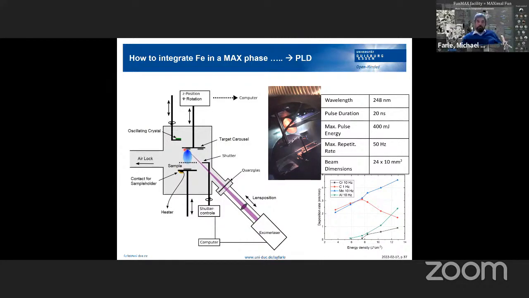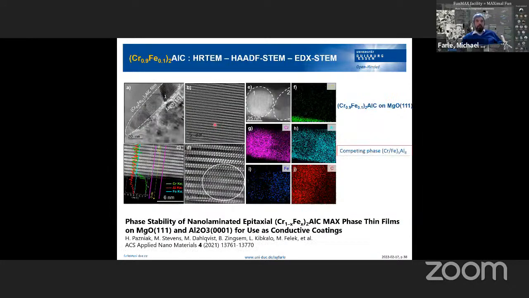So now, whoops, I'm on the wrong slide here. Well, that's what you see in the end. You see that iron is incorporated. So here's iron. You see what I showed you before, just to put it into your minds, that one can incorporate iron, but unfortunately the magnetic properties are not really improving as much as we had hoped.